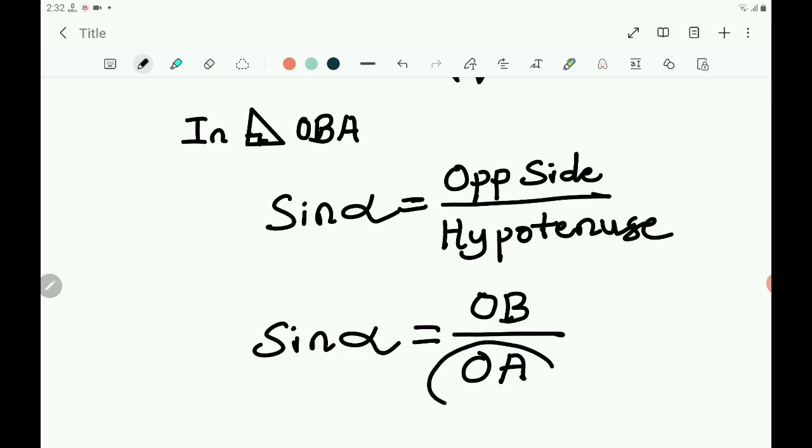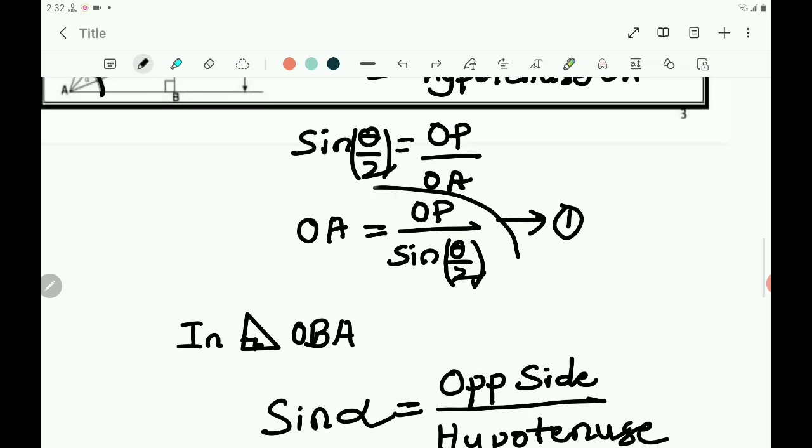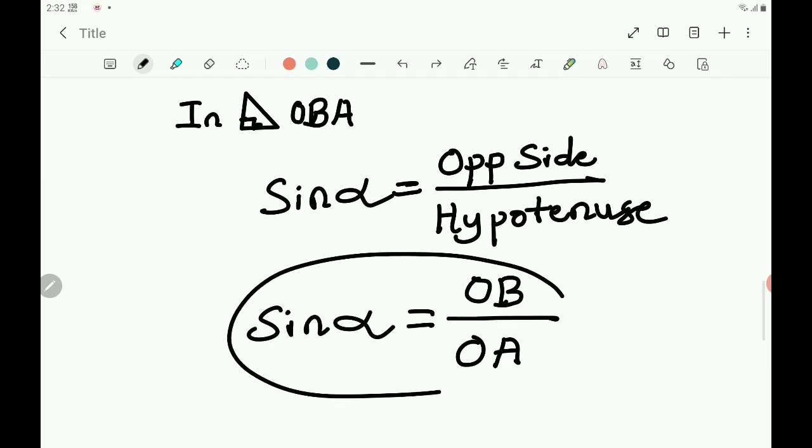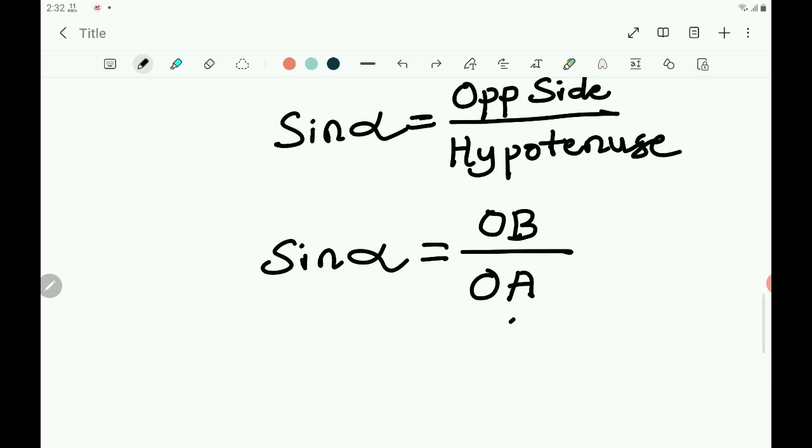Again let us express this in terms of OA only, so OA equals OB by sin alpha.